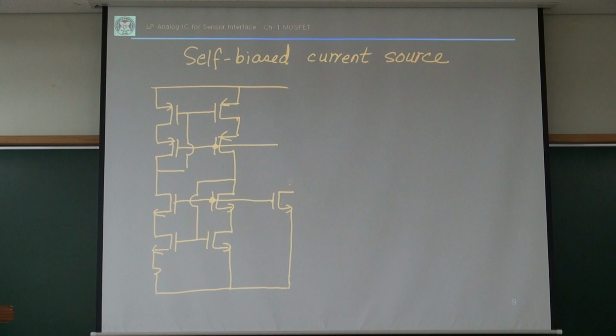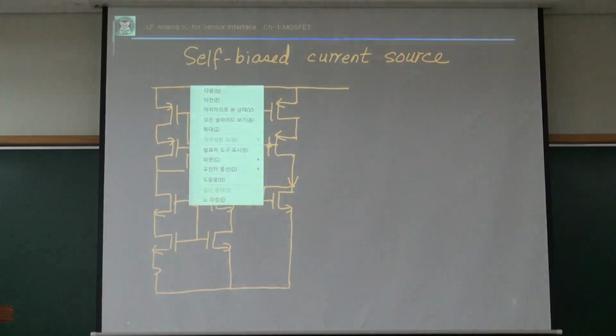So the current must be supplied from there. So I have 2 PMOS transistors here. It copied the current and then flows current through here, right? So this should be a diode. It generates some voltage drop. Hopefully, 2 delta plus 1 VTH.